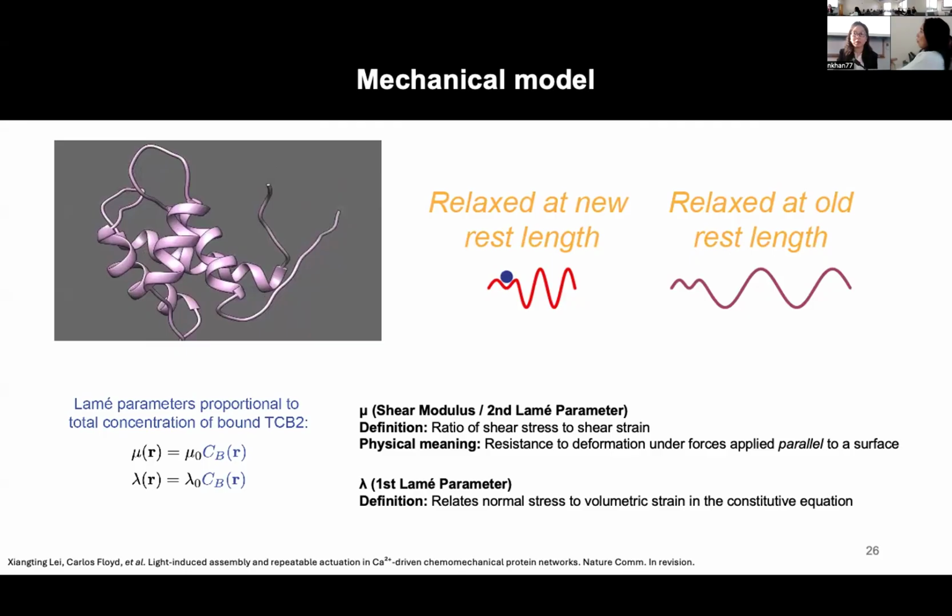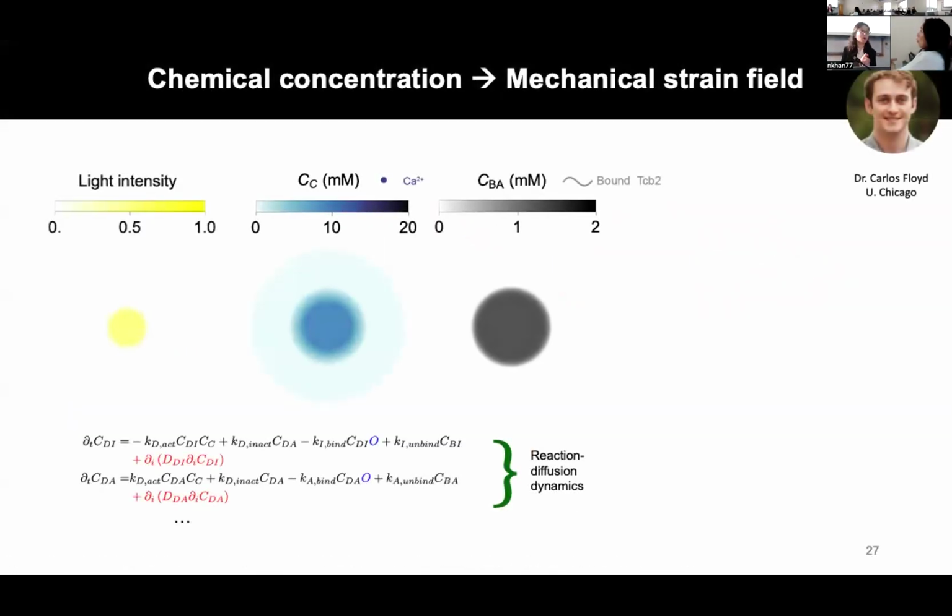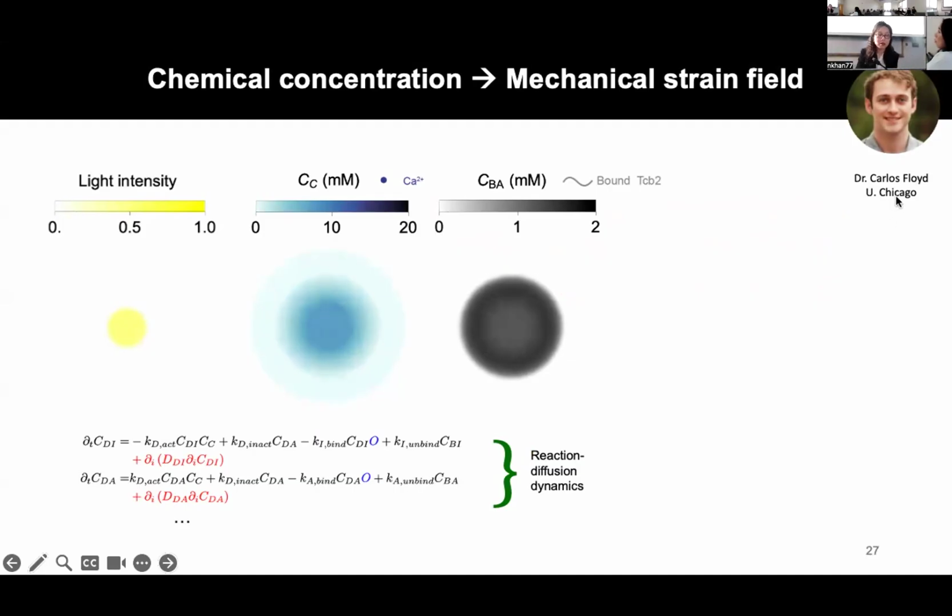So basically we have a chemical model and we link it one more layer to the mechanical model. Our collaborator, Dr. Carlos Floyd, gets all the information from the experiment and tries to recapture all the behavior I see in the experiment with the modeling.